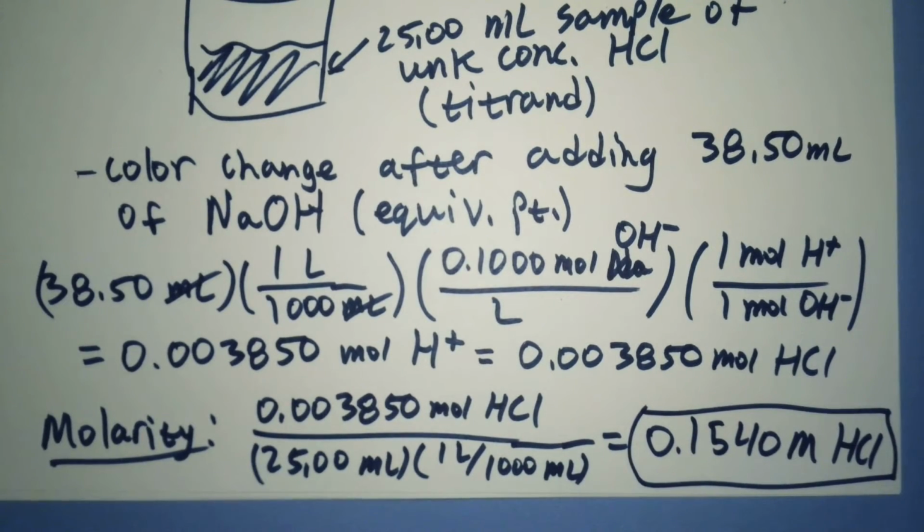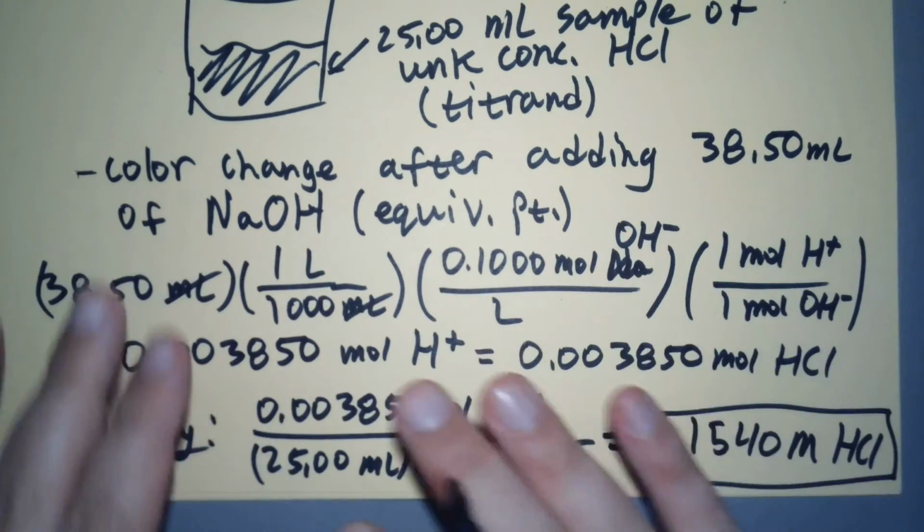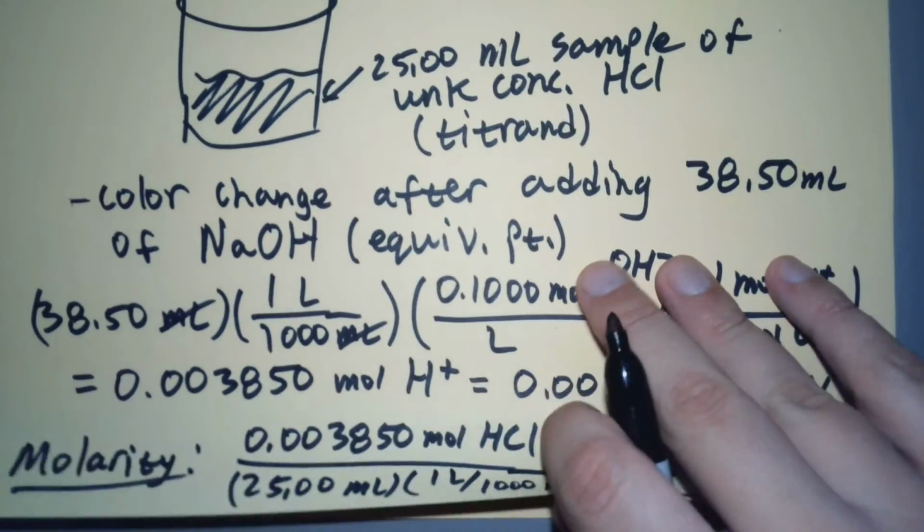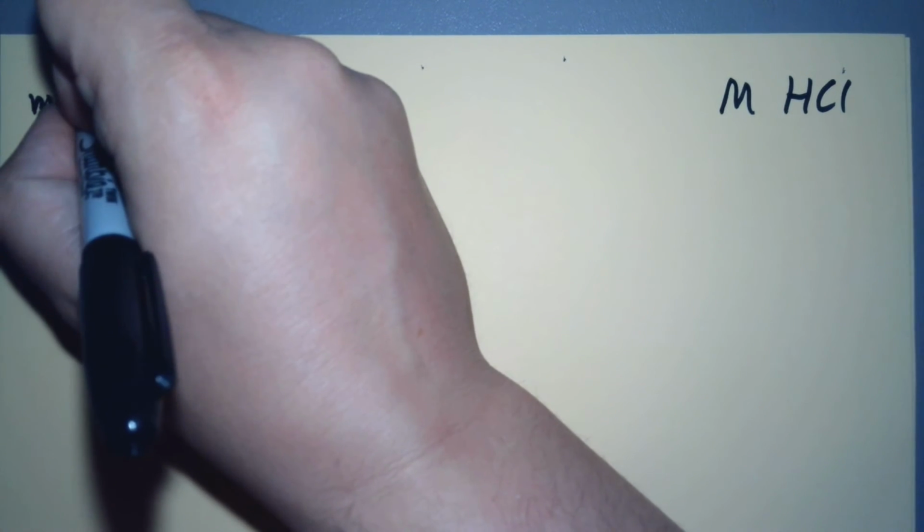Okay, that was a very sloppy way of doing this, because I was just feeling my way through with the numbers, but we can streamline this and explain it more clearly. So, here's what we need: the molarity of HCl. Here's what we know: the milliliters of NaOH.